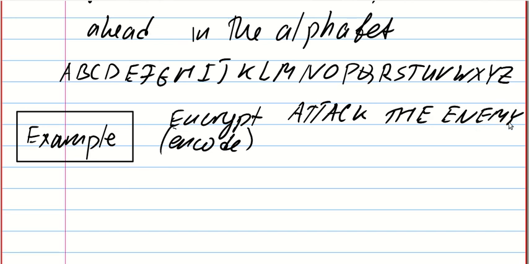To encrypt this message, we take each letter and move it 3 letters ahead in the alphabet. What happens to the letter A, the first one?